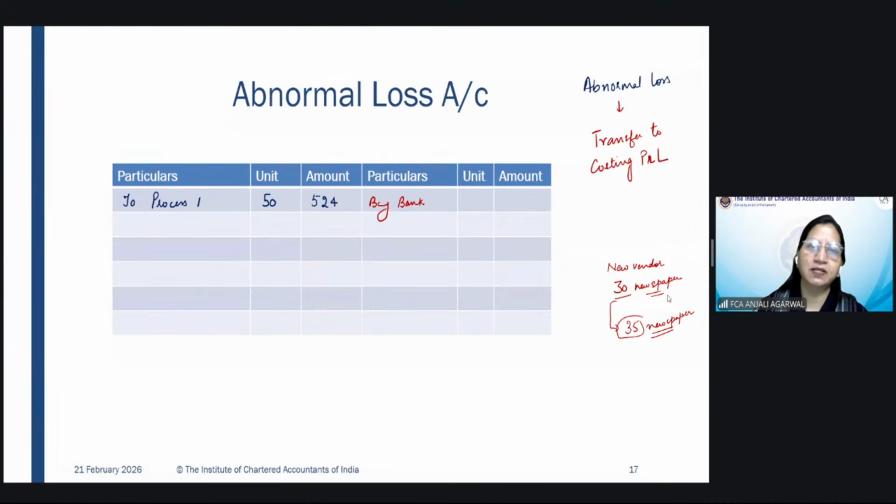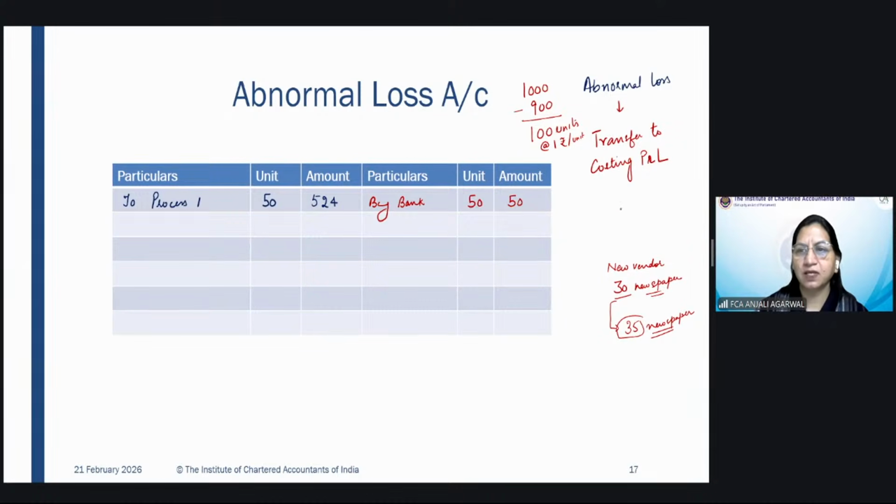So a scrap dealer has nothing to do with whether a loss is normal loss or abnormal loss, which means if 1,000 units were put in the process and 900 went to the next process, you had a scrap of 100 units, which you sold at the rate of 1 rupee per unit. Now, out of that, 50 was normal, so that went to the normal loss account. Another 50 units of abnormal loss will also be sold at 50.